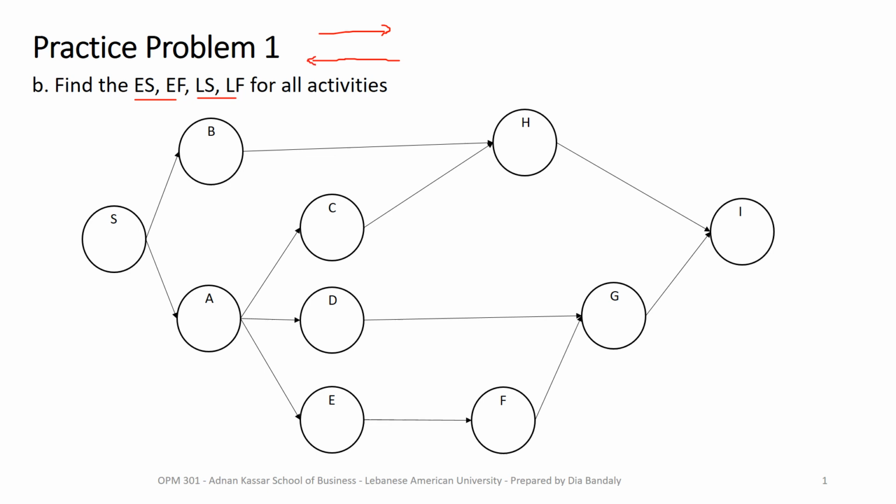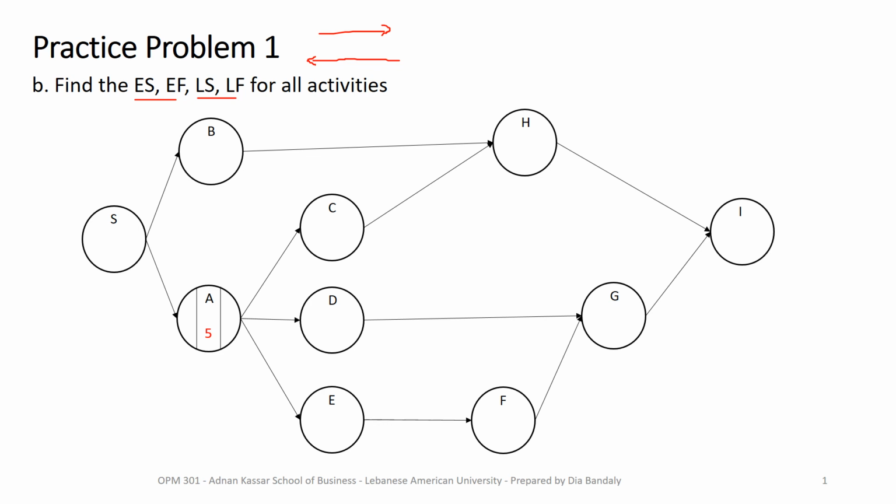Now, what's our starting point? You see, this is the PND that we have. In order to note down our four values for every activity, let me divide, for example, activity A into three areas, and in the middle I will have the activity number and its duration, 5, which is given to us.